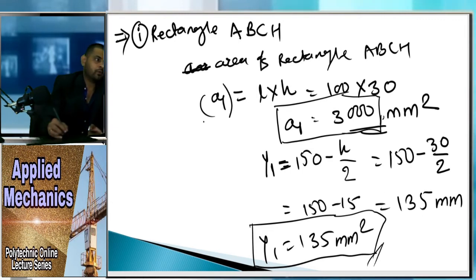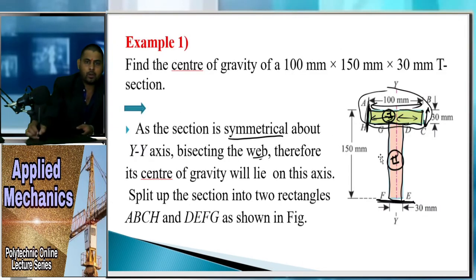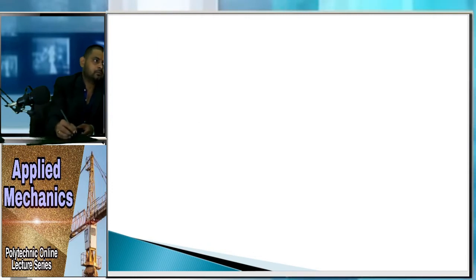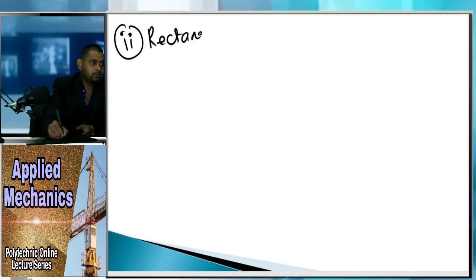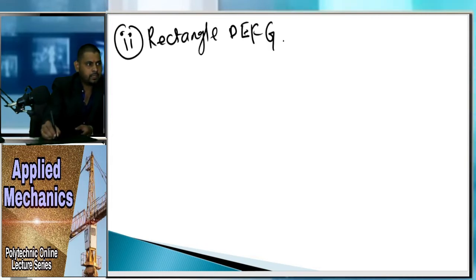Now we have been given another section, that is section number 2. For that you have to take the second rectangle, that is DEFG, and the area for that is A2.